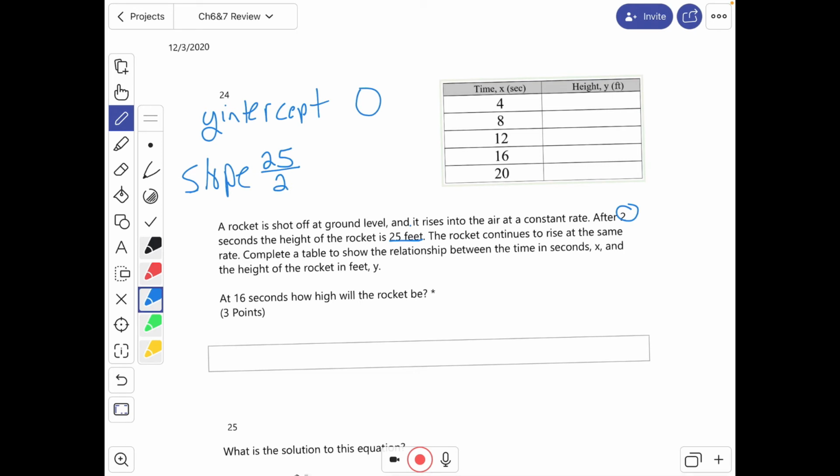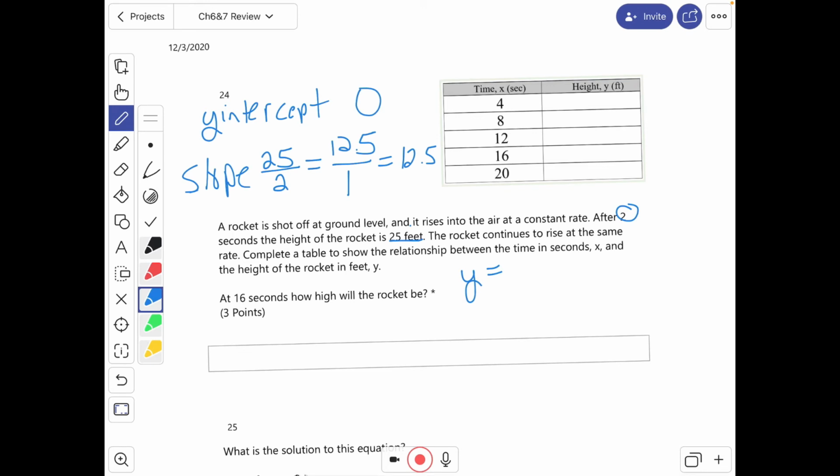That would be 25 feet over 2 because slope is also the unit rate. So I need to figure out what it would be for 1. 25 divided by 2 would make 12.5. So my slope is 12.5.